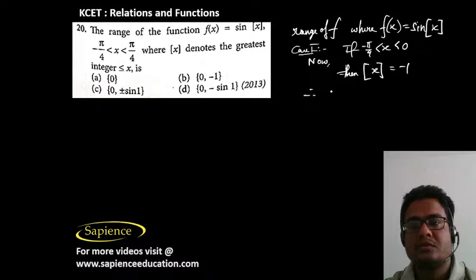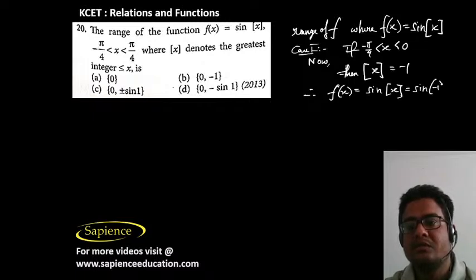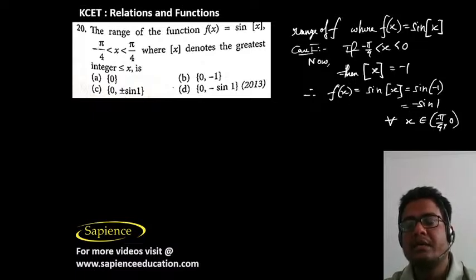So therefore f of x is sine of minus 1, which is equal to minus sine 1. So this will happen for all x belonging to the open interval minus pi by 4, 0, where the value of the function will be minus sine 1.